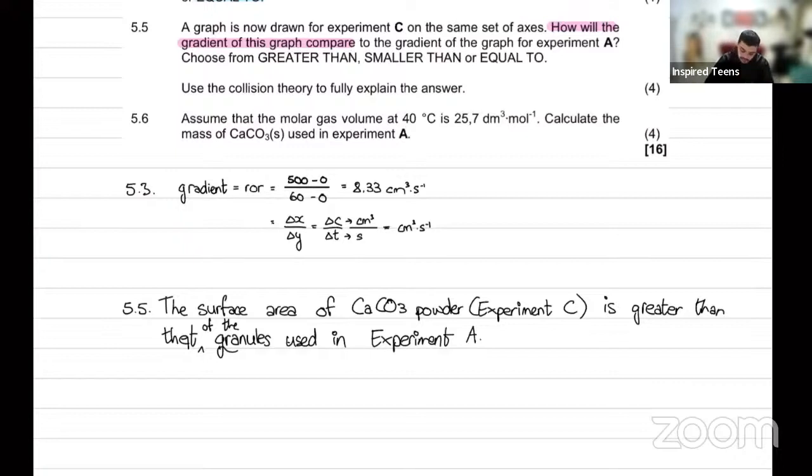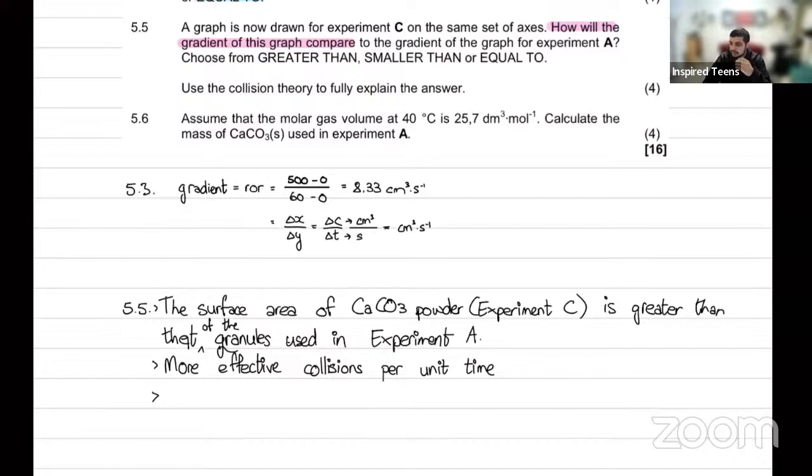Then what do they mention in the memo? I'm just putting it in point form, but you don't really have to. More effective collisions per unit time. And then what do they mention?